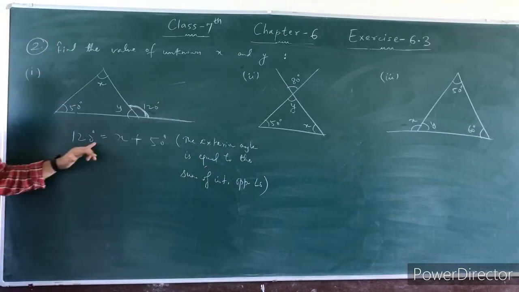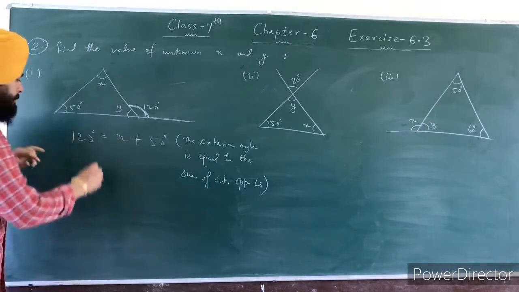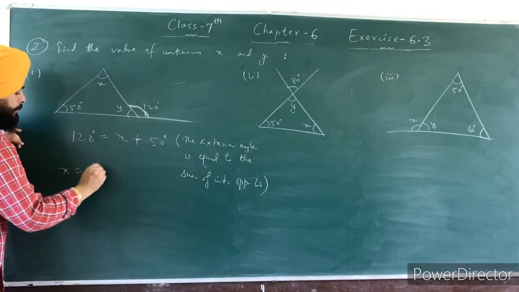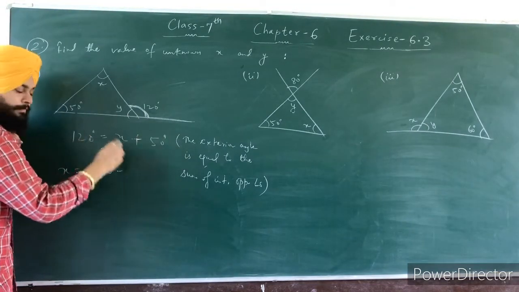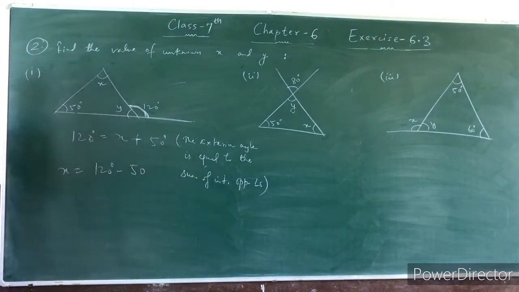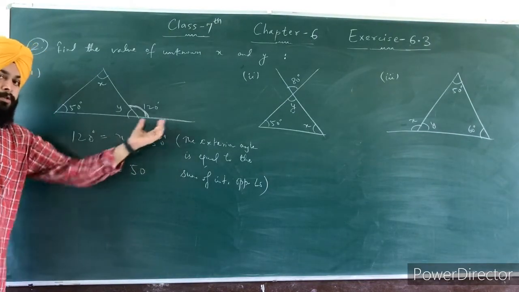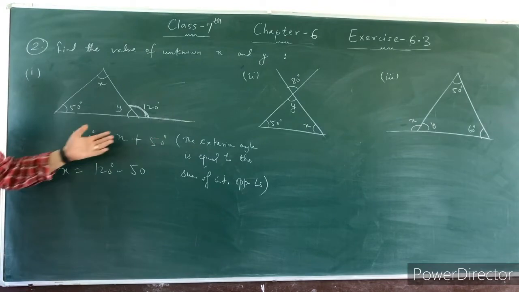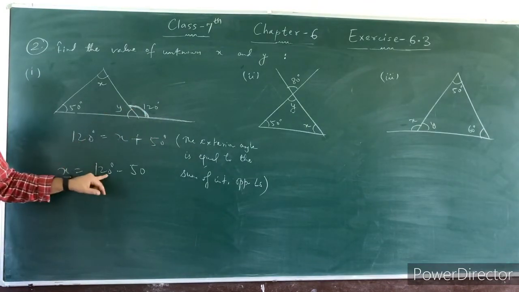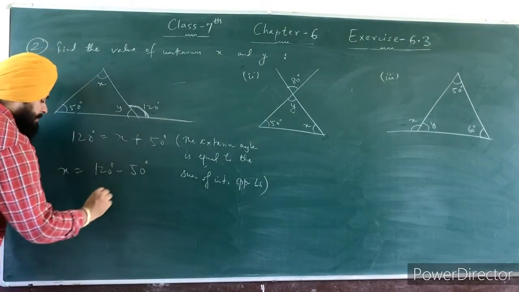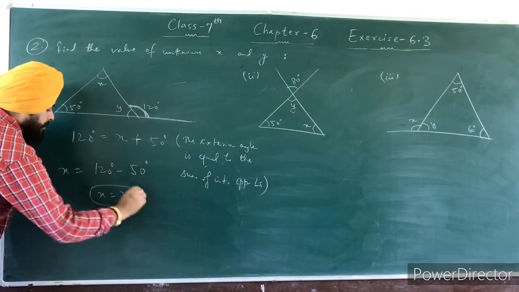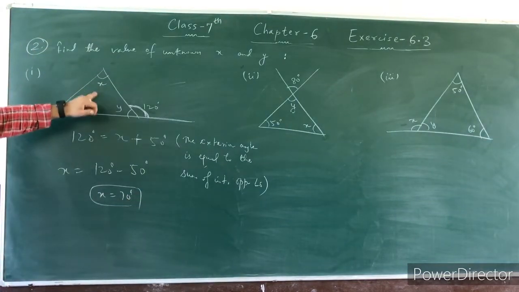So from this we can find the value of x. So x is equal to 120 minus 50. The 50 will go to the left hand side, so it is subtracted from 120. So 120 minus 50 is how much? It is 70 degrees. It means the measure of angle x is 70 degrees.